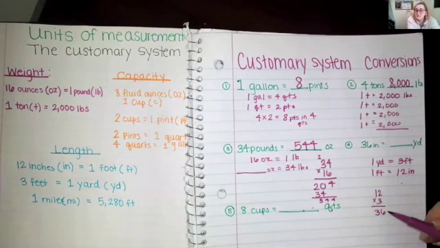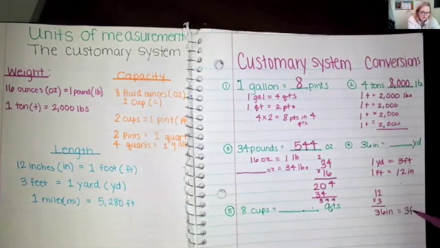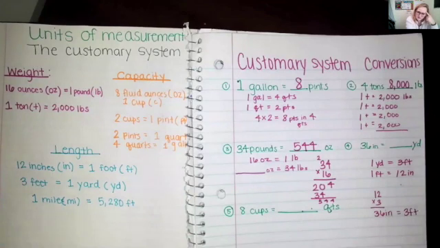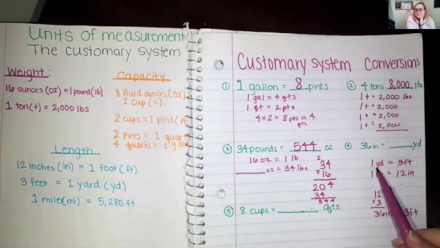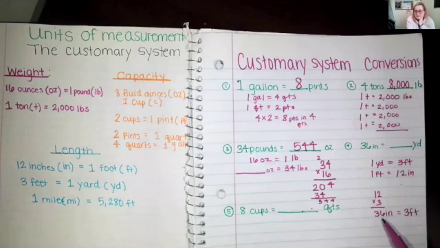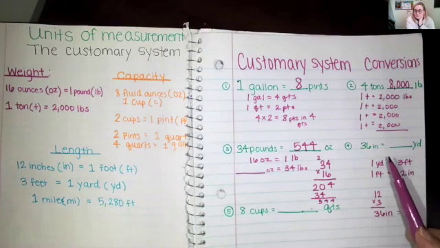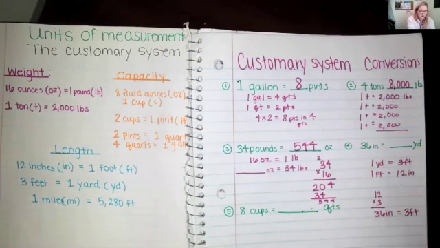So there are 36 inches in 3 feet. Don't we know something else about 3 feet? 3 feet equals 1 yard. So because 36 inches equals 3 feet and 3 feet equals 1 yard, 36 inches equals 1 yard.